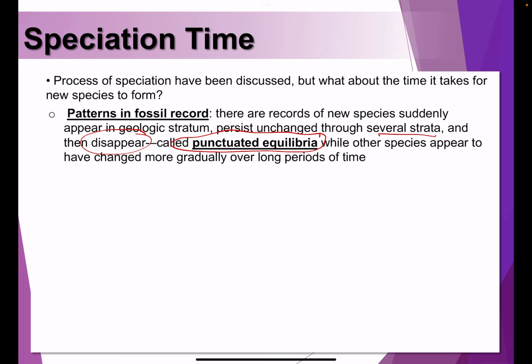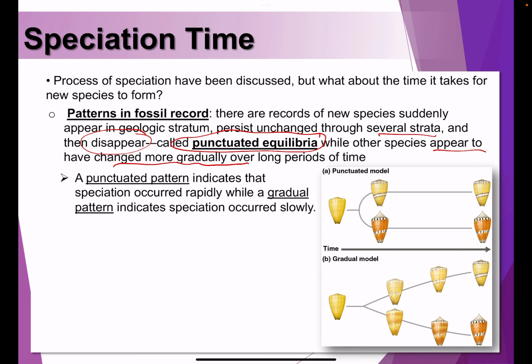They may appear to have changed gradually over long periods of time. So they found that species can branch in these two different ways within the fossil records, because we can't observe them live, and that's what they see in those fossil records. A punctuated pattern indicates that speciation occurred very rapidly, while a gradual pattern indicates that speciation occurred very slowly.